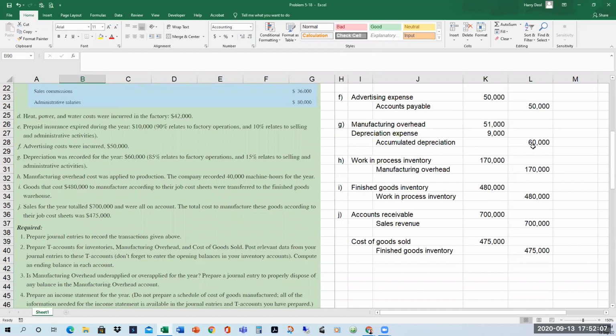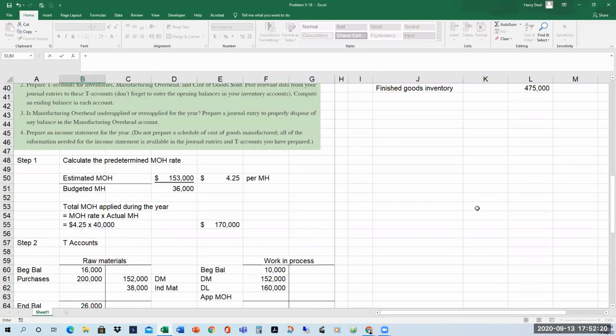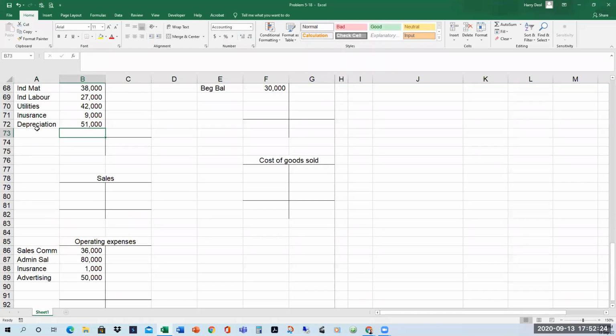The total depreciation is 60,000, of which 15,000 goes into manufacturing overhead, and the rest into operating expenses.